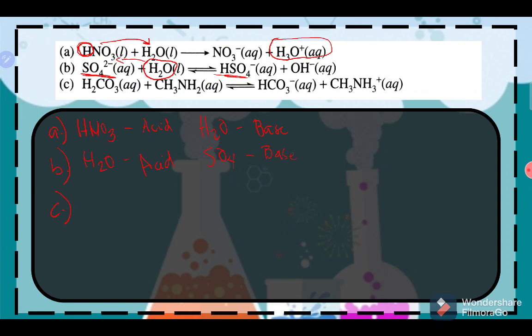The acid here is H2CO3 because it donates one of its hydrogen ions to CH3NH2. So H2CO3 is now the acid, and the other one, CH3NH2, will become our base.